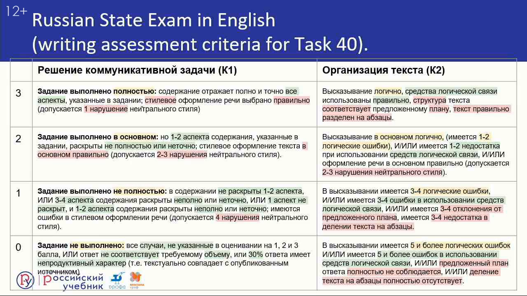And if it is only 1 inappropriacy at level 3, it is 2 or 3 inappropriacies that are allowed at level 2, and 4 inappropriacies, 4 нарушения of the style are allowed at level 1, and there is nothing about it at level 0, right?